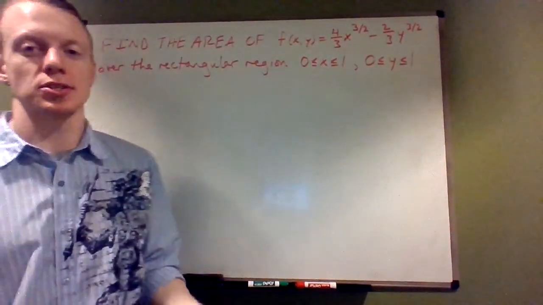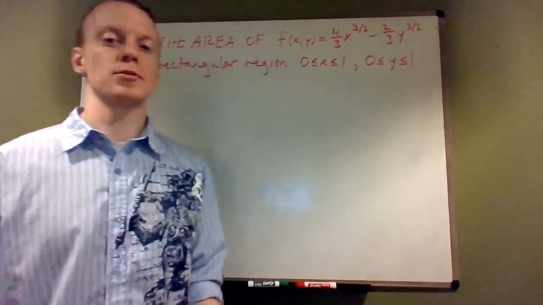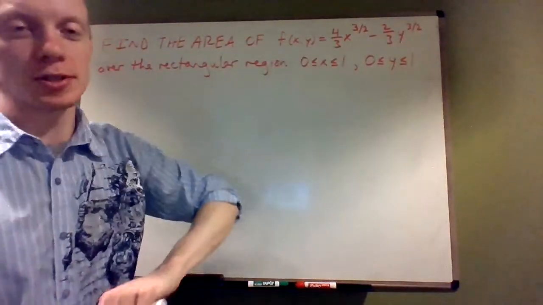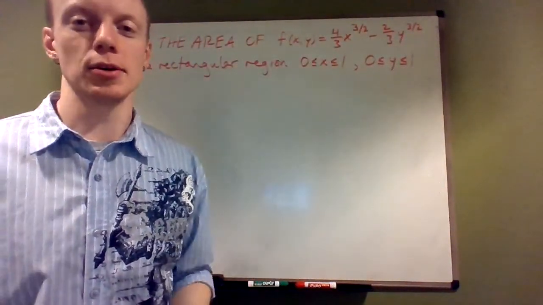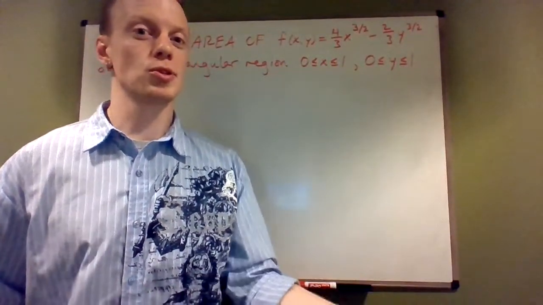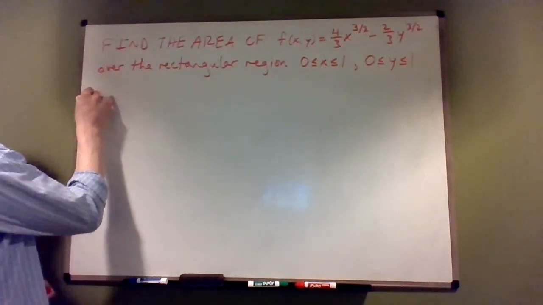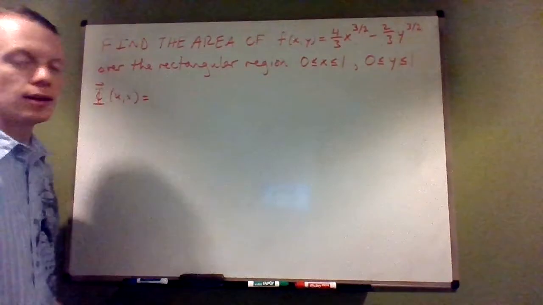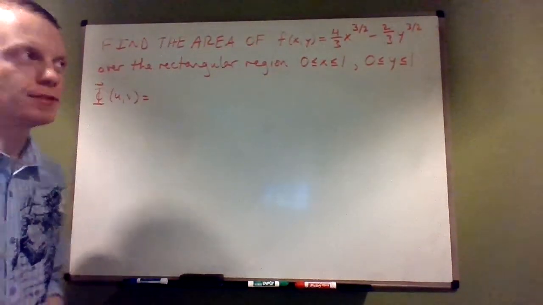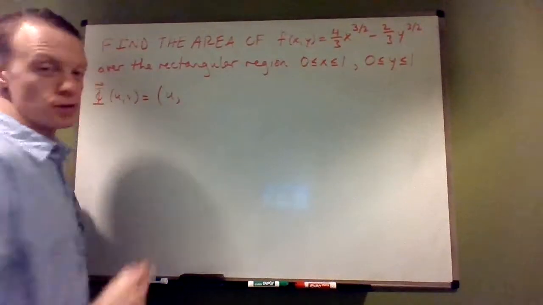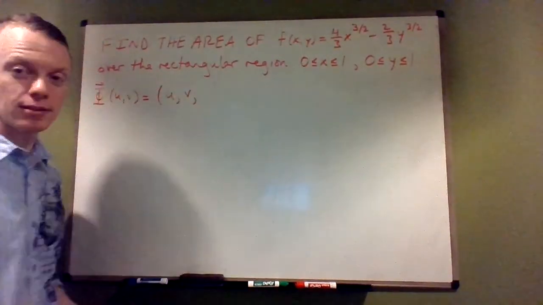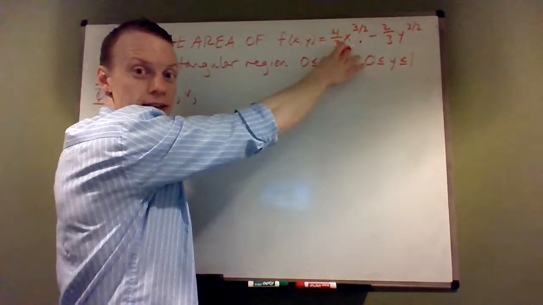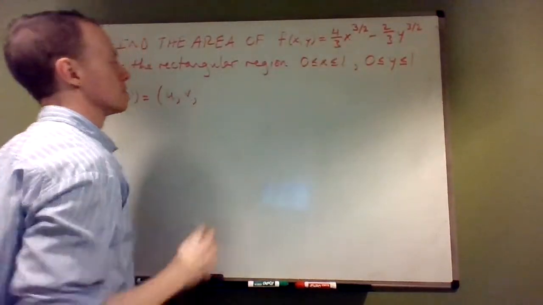So first thing we always need to start off with, we need some kind of parameterization for this surface. Now, for a function of x and y being your surface, your parameterization is pretty nice, pretty straightforward. Capital phi hat, function of u and v, is just u, comma, v, comma, and then your function, except u's are taking the place of x, v's are taking the place of y's.